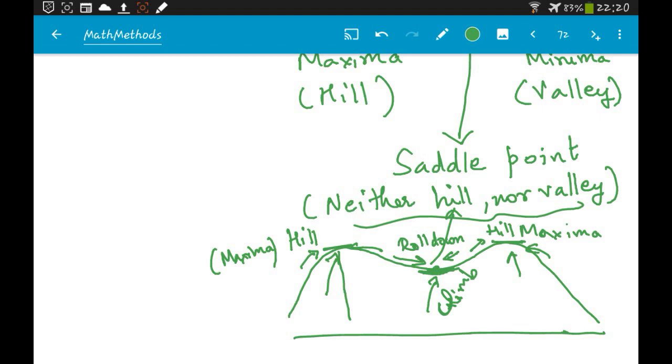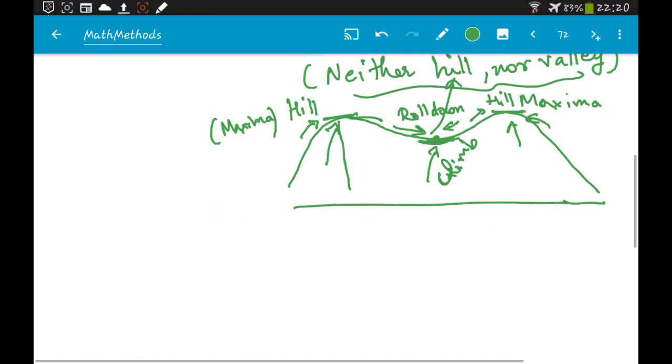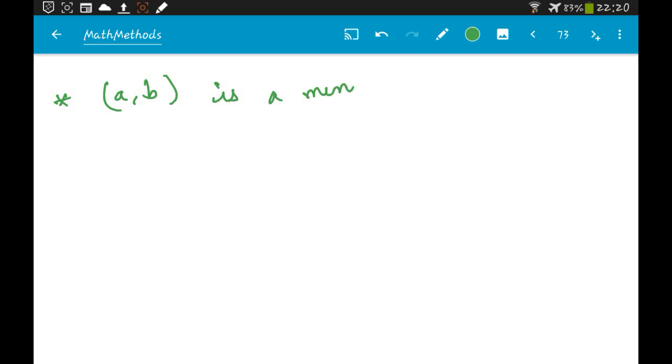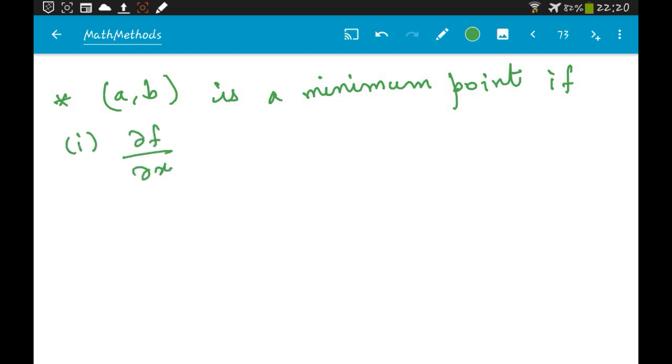So let's see what are the conditions for finding maxima and minima for a surface. Alright. So we will say (a, b) is a minimum point if, condition 1, dou f by dou x at (a, b) is 0.